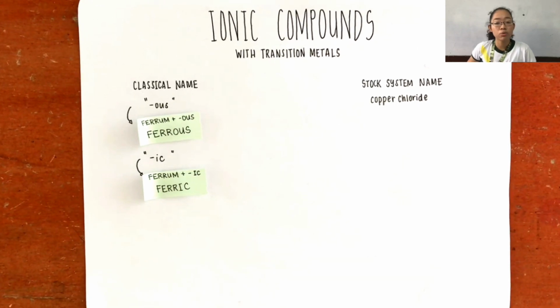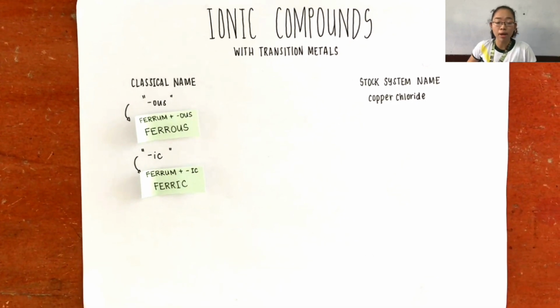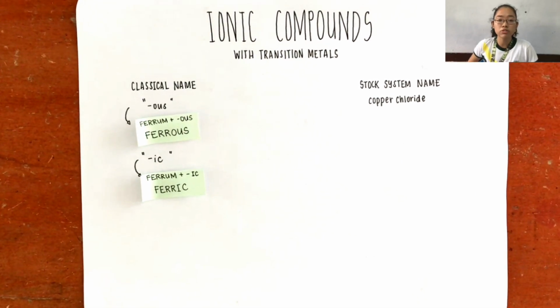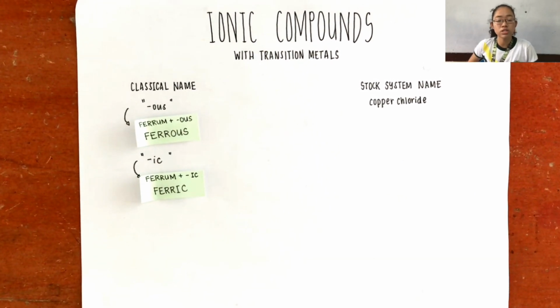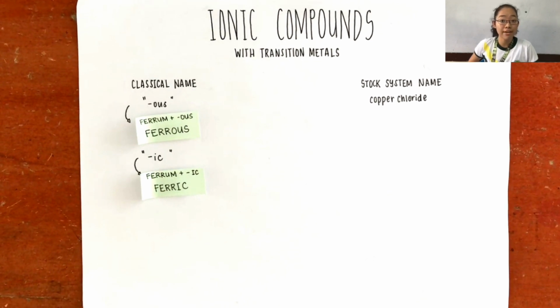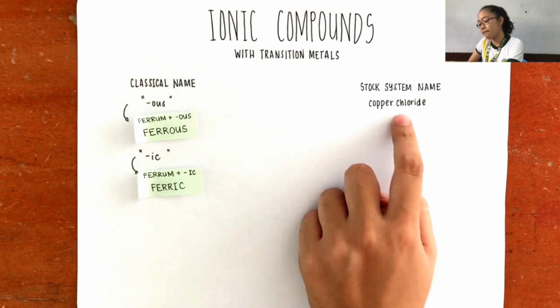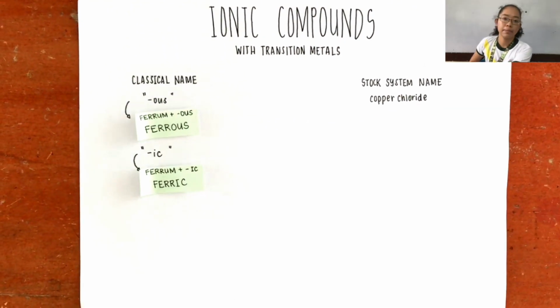Meanwhile, if you want to name the ionic compound using its stock system name, then first you need to find the charge of its transition metal. So let's have an example: copper chloride.